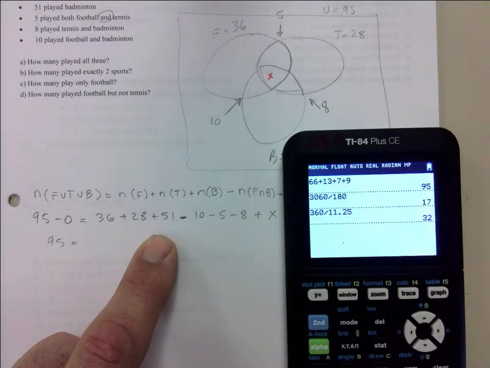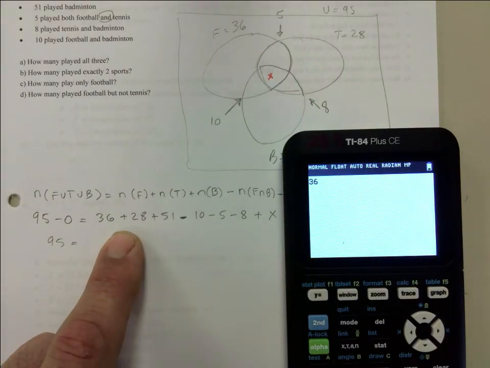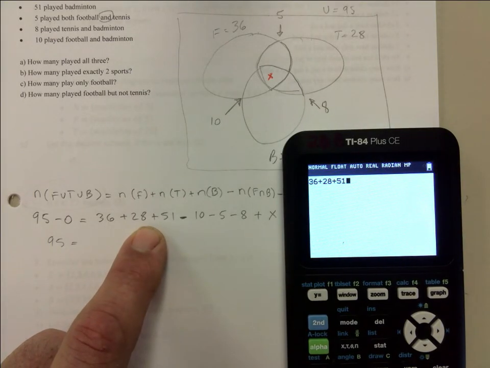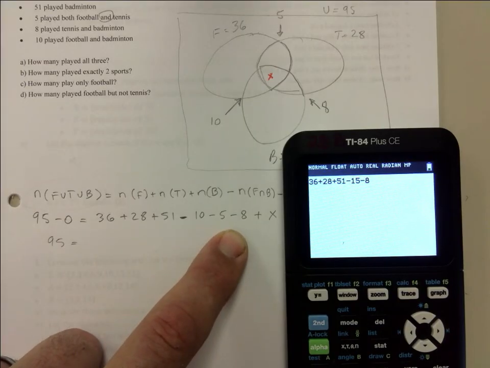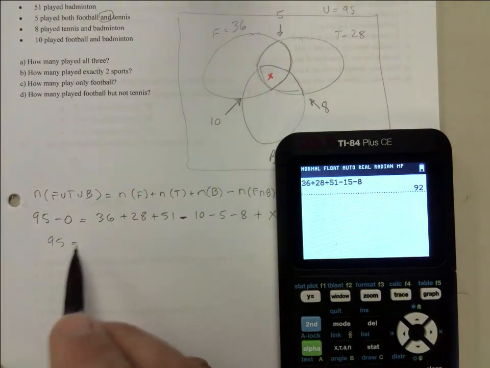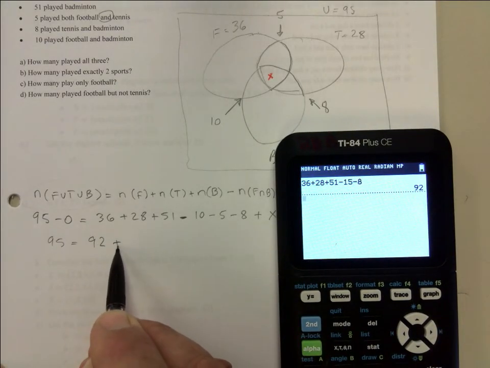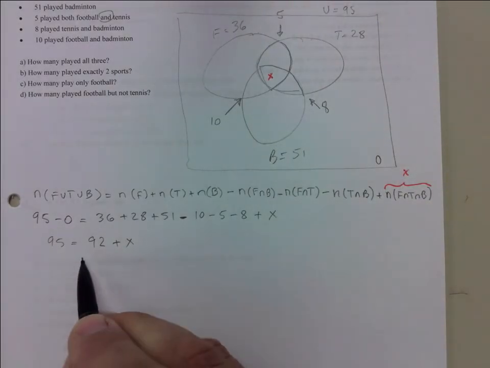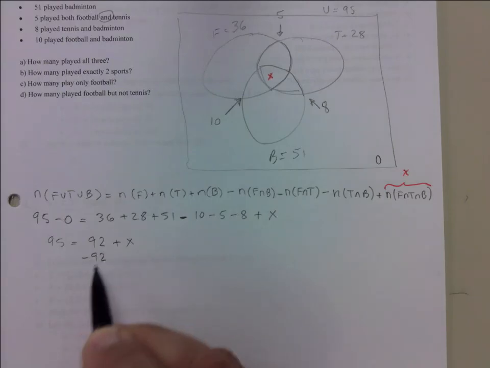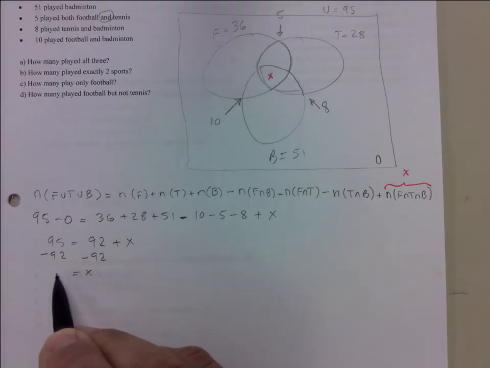Sure, mental math is probably the best, but I don't want you to get it wrong on a test. So minus 15 minus 8. So you end up with 92 plus x. And then you go minus 92 minus 92. And you end up with 3.